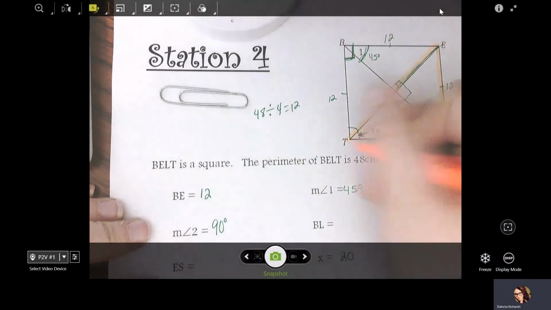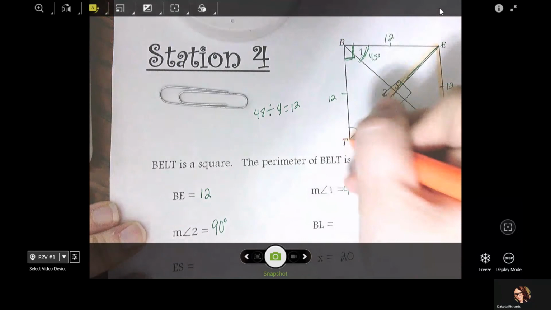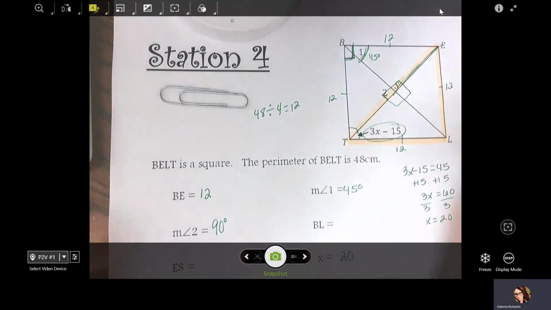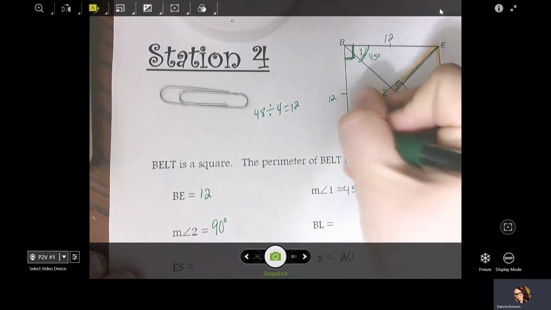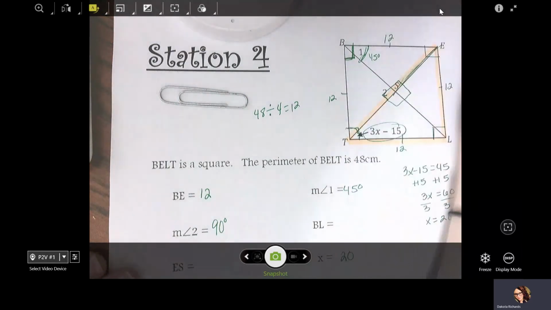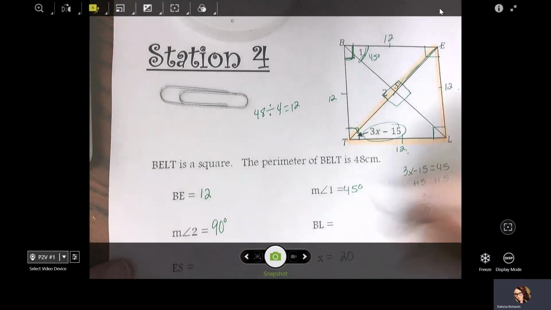BL is one of the diagonals. If we look at that right angle, remember all of the corners are 90. So all of these are 90 if it's a square. And you have two sides of this right triangle. So use a squared plus b squared equals c squared. We have an a, we have a b. We are looking for our c. So we are going to set that up.